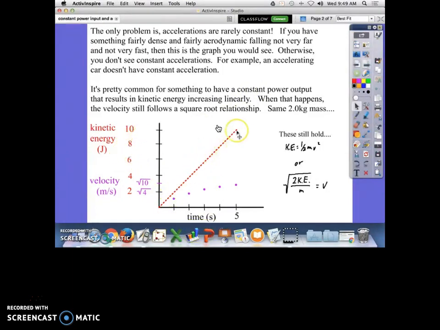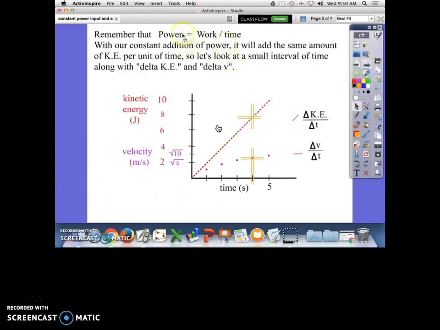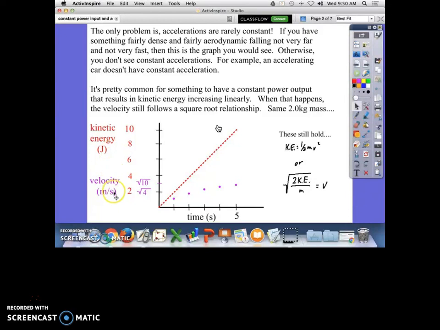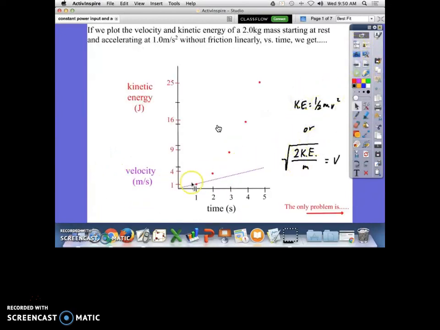It's gaining the same amount of kinetic energy every second. That is because power is equal to work divided by time. Now, if you plot this same relationship here, if you square the velocity, you get the kinetic energies on the first page. And that's what we're all used to seeing.